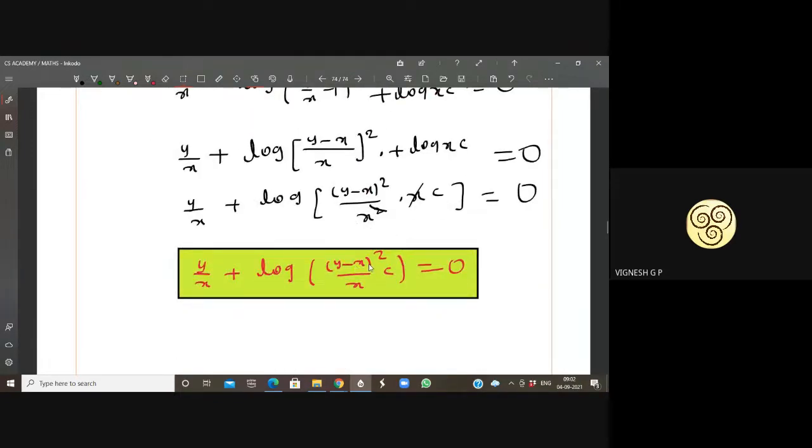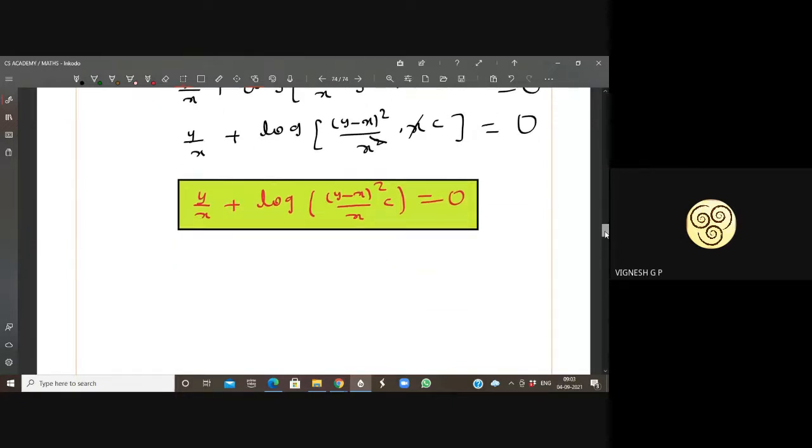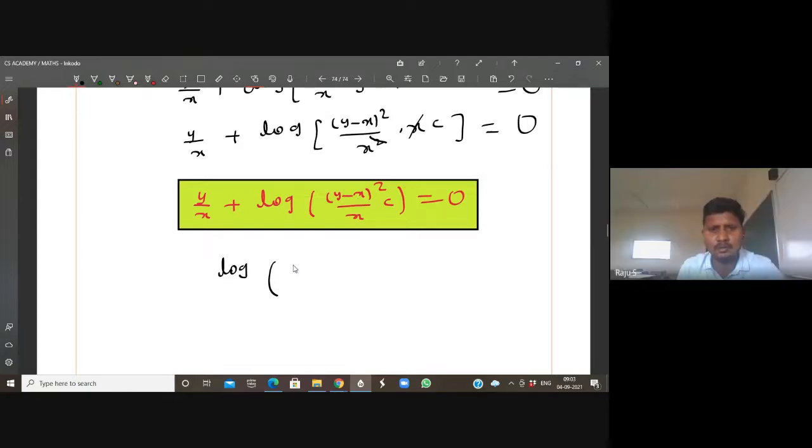So the answer is x minus y whole square is equal to cx e power y by x. Here y minus x whole square can be written as x minus y the whole square.